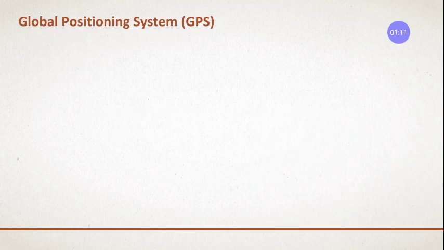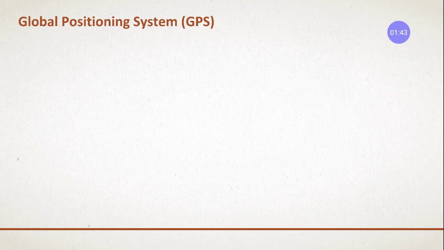GPS, you might have heard about it. In every smartphone there is a GPS. Now what does this GPS do? This GPS will tell you where exactly you are on the earth. It shows you the location with latitude and longitude, and with the help of those, it will tell you the location of that device, wherever it might be.